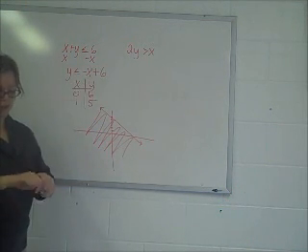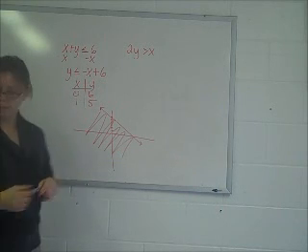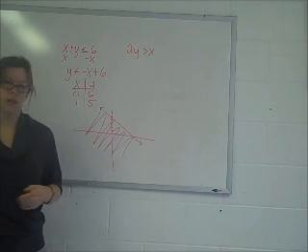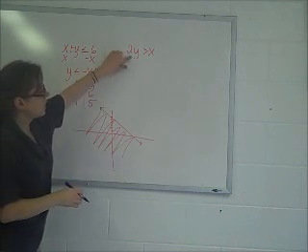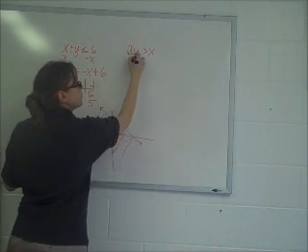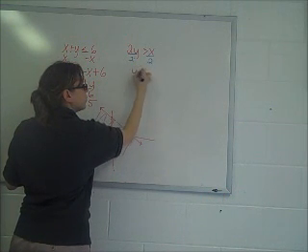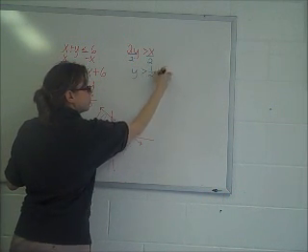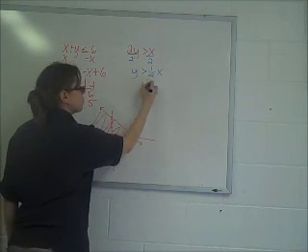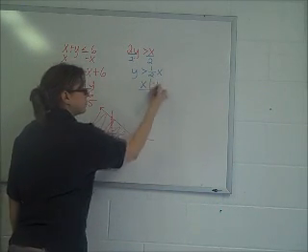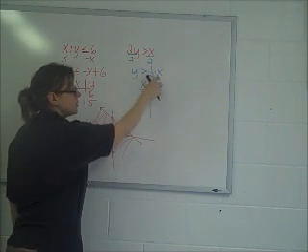Now I do the same thing with the other half, and I'm going to change colors because I want to be able to see what's really going on where the two colors overlap. So to get y alone over here, I'm going to divide by 2. So y is greater than 1/2 x. Now I'm going to set up a t-chart. Choose a value for x, like 0.